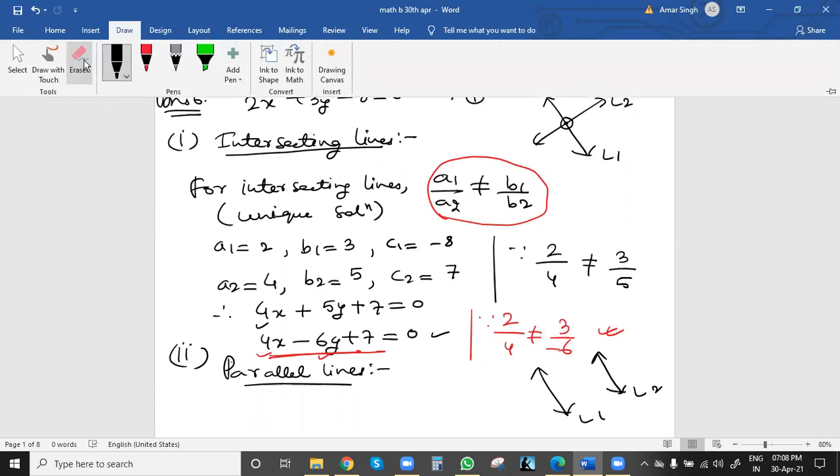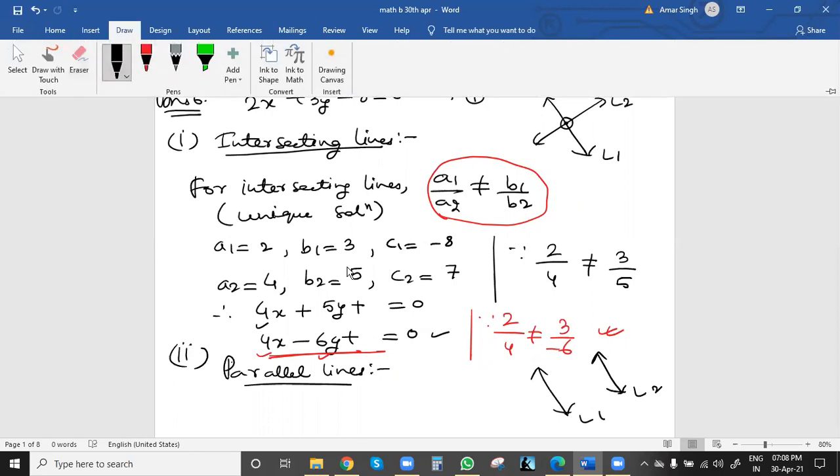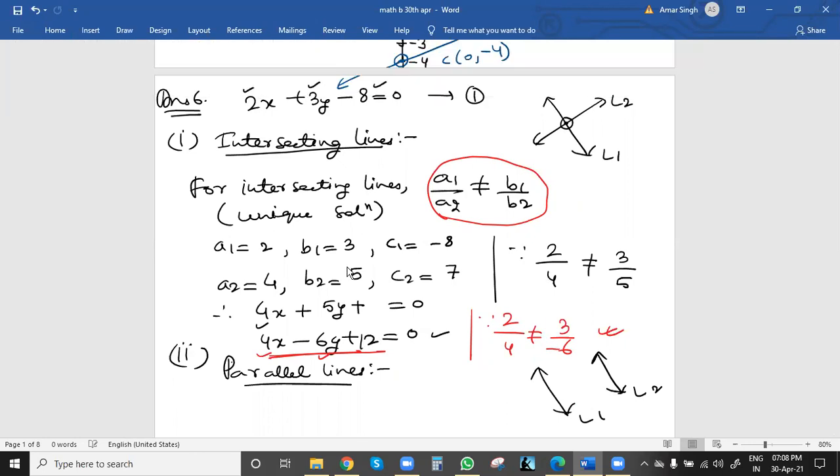I will prefer to take 12, because 12 is a common factor of 4 and 6. And here I will prefer the value 20, because 4 5s are 20 and 5 4s are 20, so drawing the graph will be much easier.